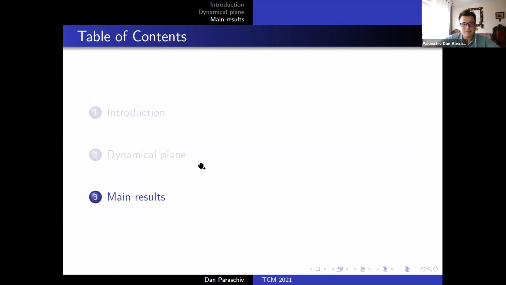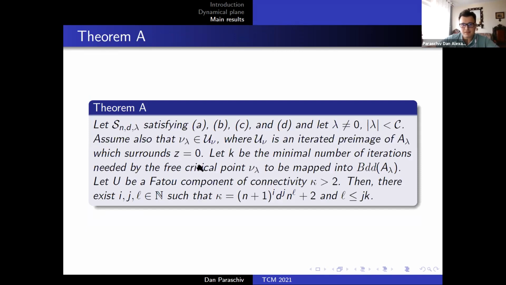Now we can move on to the main results, the main theorems. First, let me state theorem A. Once again, let S and D lambda satisfy all the necessary conditions. Let lambda be of modulus small enough, and assume that the free critical point lies in an iterated preimage of A lambda, which surrounds 0. Now let K be the minimal number of iterations needed by the free critical point nu lambda to be mapped in the region bounded by the annulus A lambda.